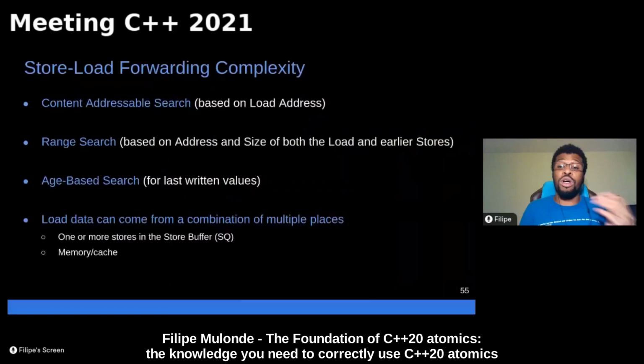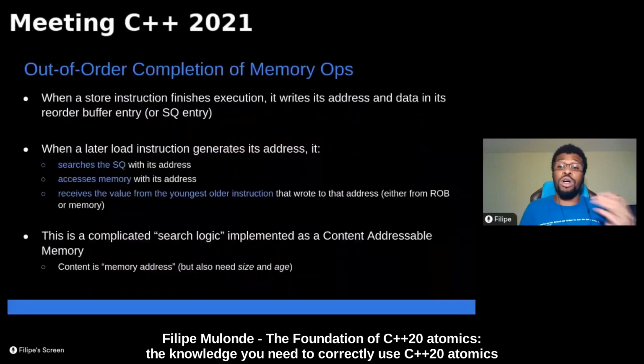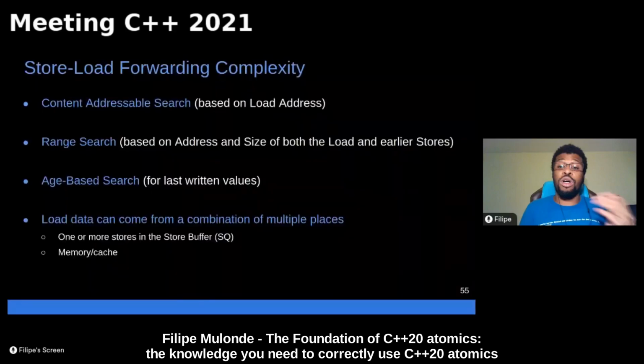So now let's understand why store-to-load forwarding is complex, right? Because we talked about how a load, when it has its address, needs to search the store queue. Now we understand why this search is complex. The search is complex because it is a content addressable search. We cannot use indirection because memory state is large.